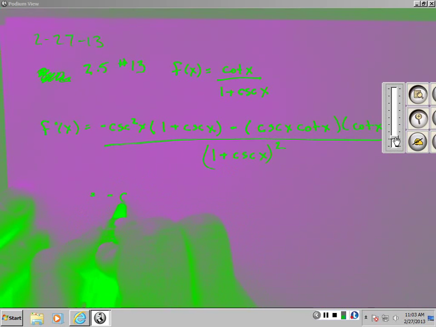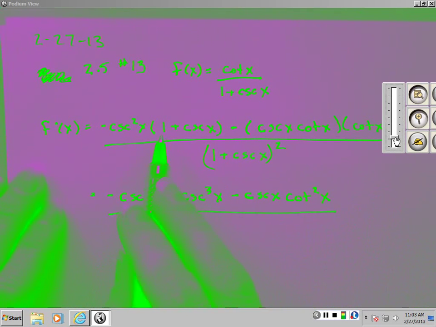So I have minus cosecant squared x minus cosecant cubed x minus cosecant x cotangent squared x on top.